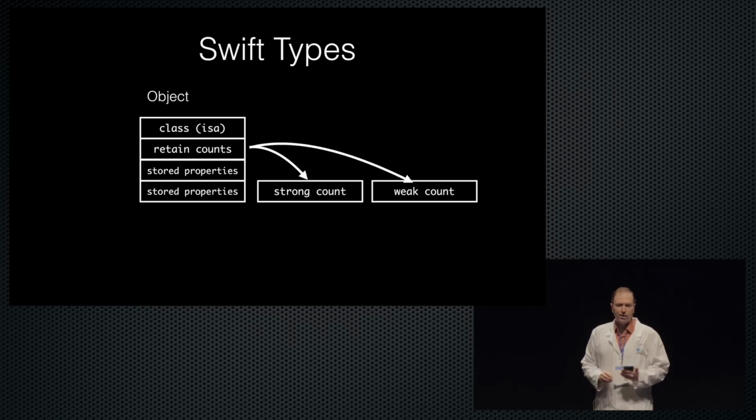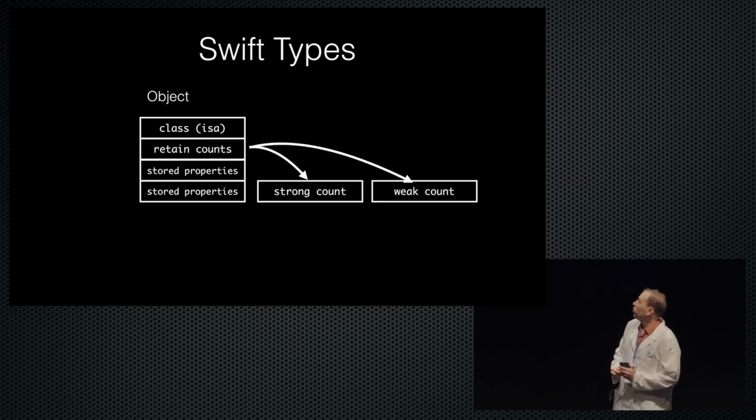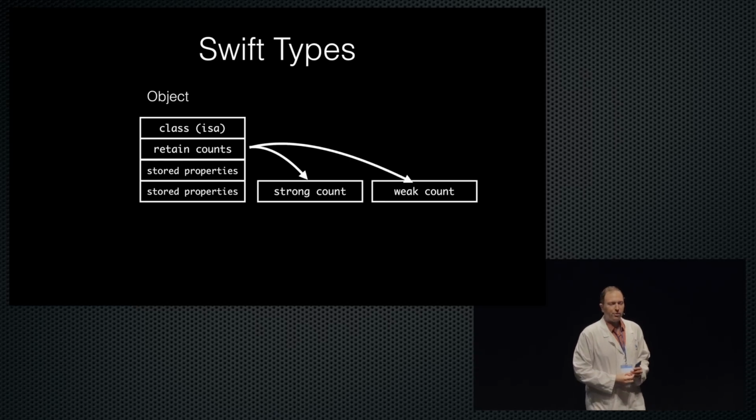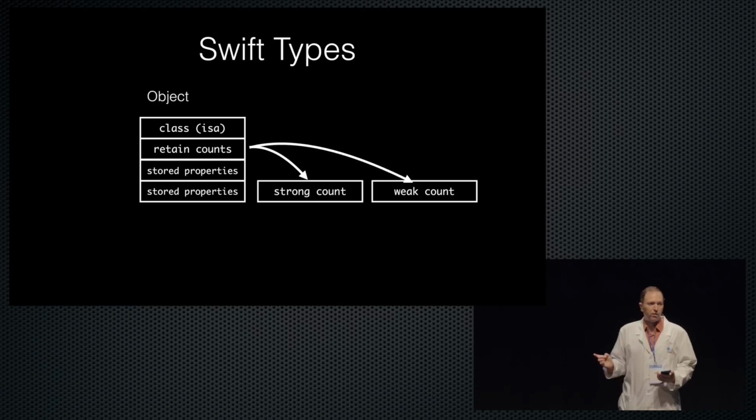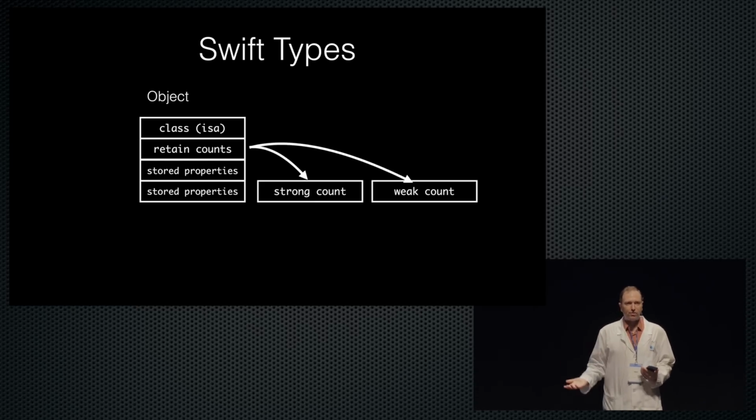And I did say retain counts, plural, so there are actually 2 counts in a Swift object. This is an interesting little feature of the way the system works. There's the strong count and the weak count. So when you make a normal reference to a Swift object, that increments the strong count. And then if you make a weak reference to an object, that increments the weak count.